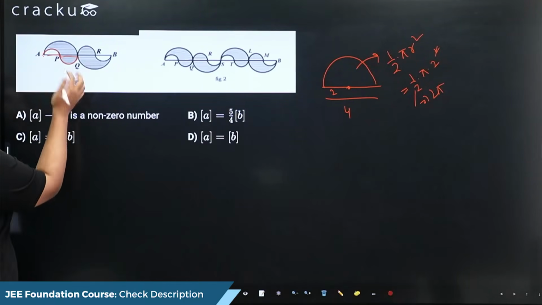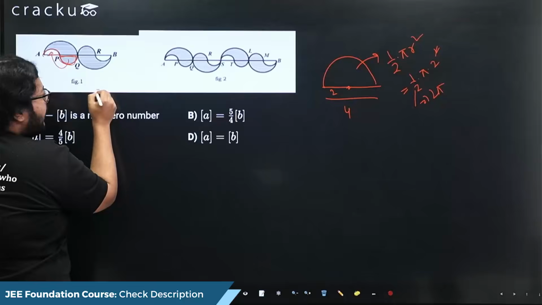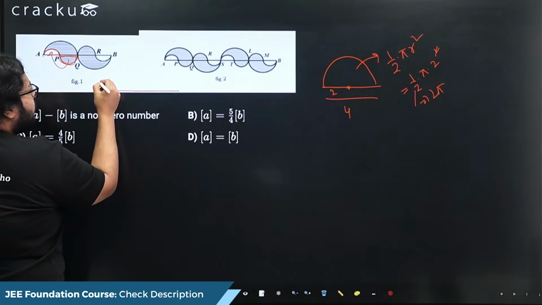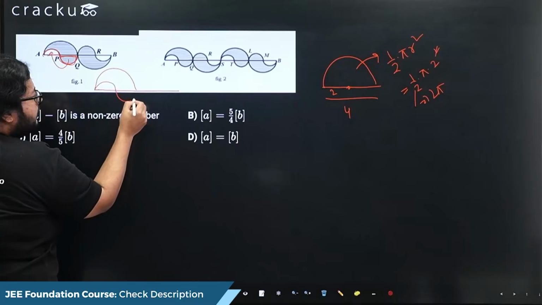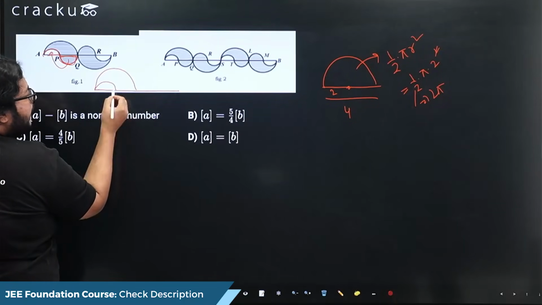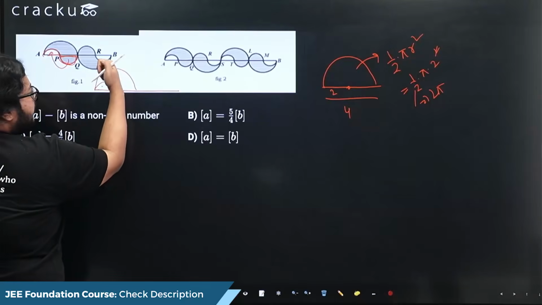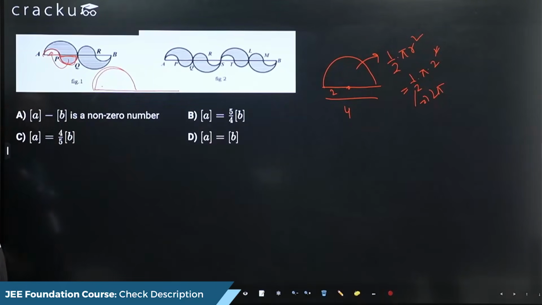So what I could do here is, essentially if I take this and put this here, in that case, how does the figure look? The figure looks something like this. Instead of this, if I remove this portion and put it here, in that case, this essentially becomes one complete semicircle. So I don't have to do all the plus minus.